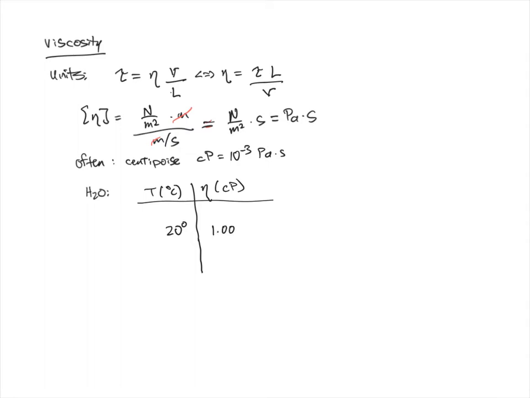The viscosity of water is 1.005 centipoise. If you cool it down to just above freezing, so 0 degrees, the viscosity goes up quite a bit. It becomes 1.79 centipoises. If you heat it up to just at the boiling point, 100 degrees, the viscosity goes down quite a bit to 0.28 centipoises.